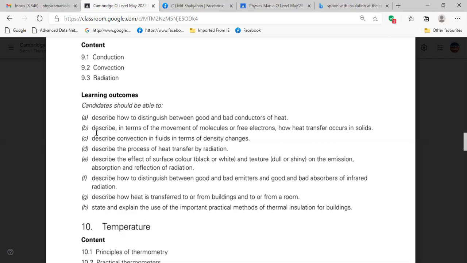You know that in solids, the molecules are tightly packed, very close to each other. If we give more thermal energy, they don't change their place.